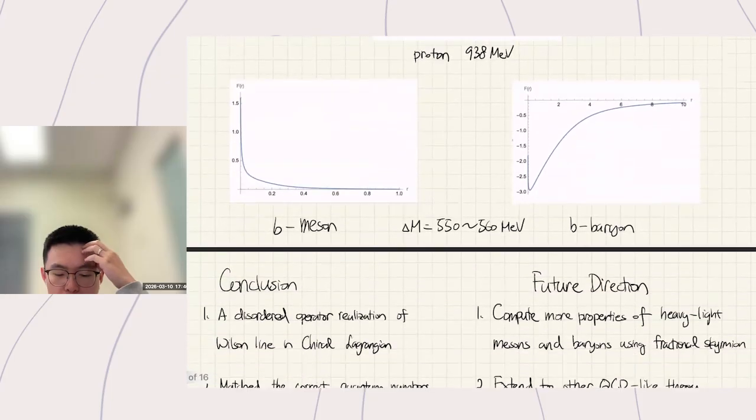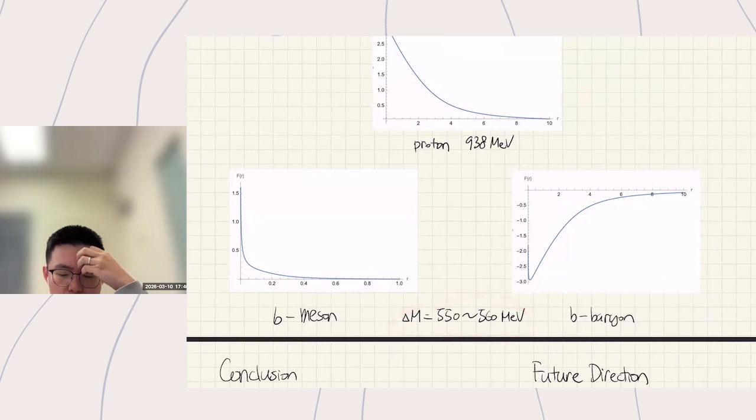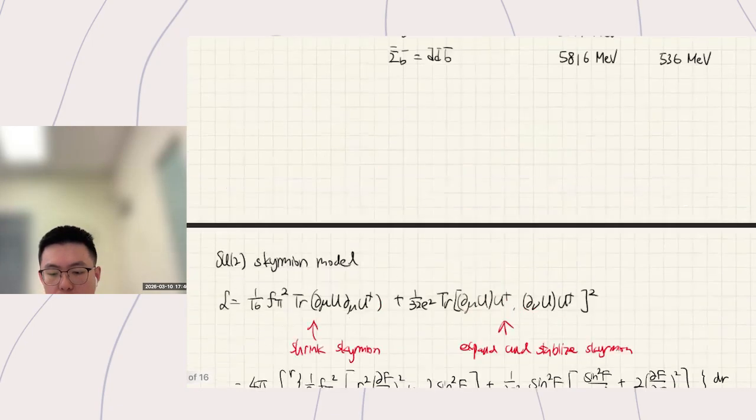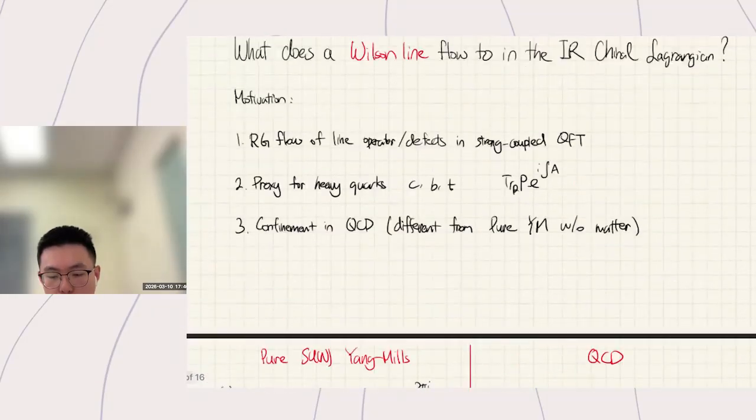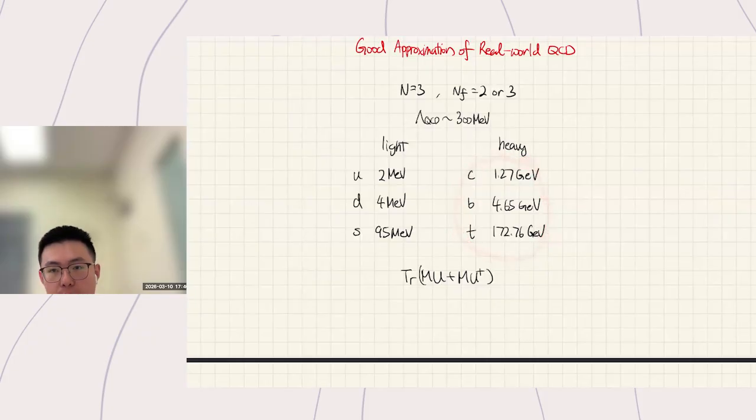I don't want to make any strong comments, but my rough understanding is that this mass wasn't computed using heavy quark effective field theory. My understanding is that you think about the heavy quarks as having almost the same mass. Then you get some emergent symmetries that rotate these heavy quarks.